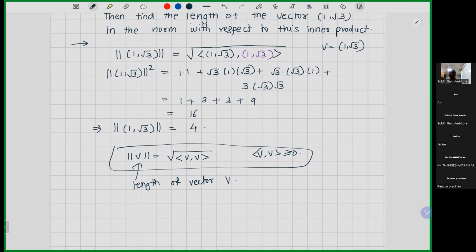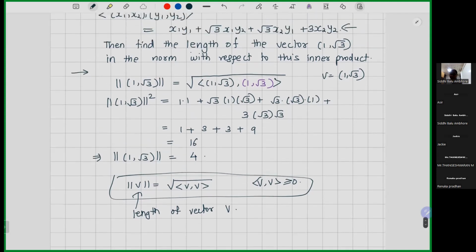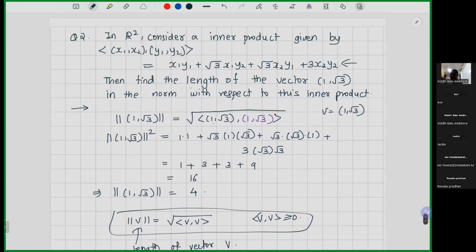Here, what is x1, x2, and y1, y2? This is x1, this is x2, this is y1, this is y2, because that's how it is defined. So if I highlight this and this, this is how the inner product is defined.